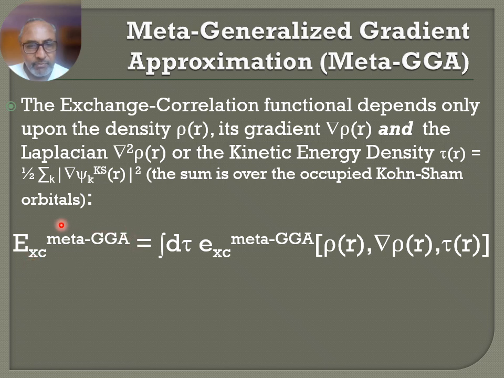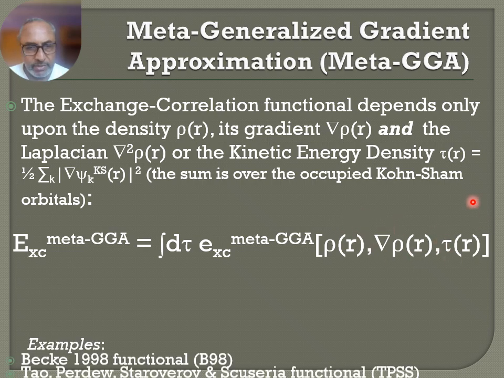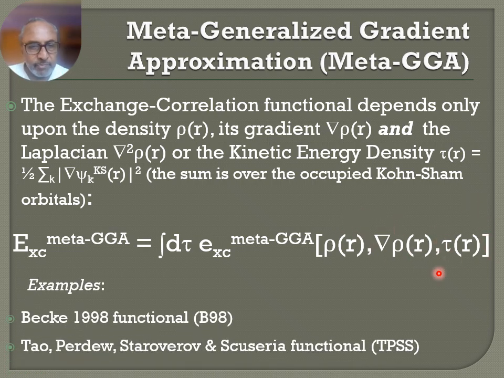Thus, the meta-GGA functionals have this general form that they depend upon rho, del rho, and the kinetic energy. Examples include the Becke 1998 functional and the TPSS functional, or Tao, Perdew, Staroverov and Scuseria functional.